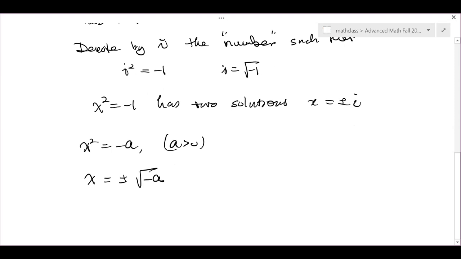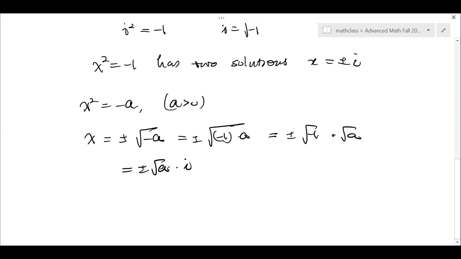Square root of -8 has no meaning here, so you can formally write it as -1 times 8. Then that would be square root of -1 times square root of 8. And the square root of -1 is denoted by i, so it's plus minus square root of 8 times i. So you do have two solutions in general, but you have to use the i here.